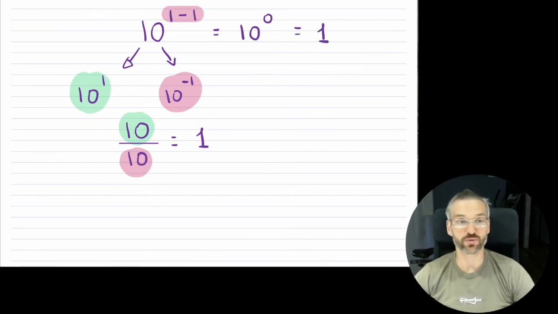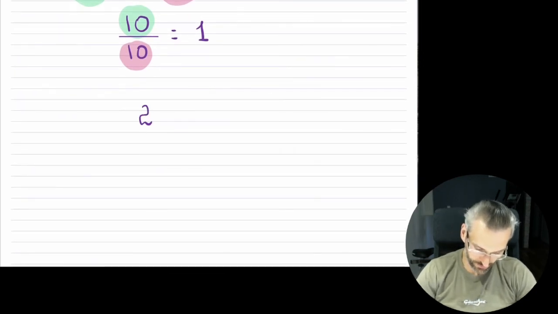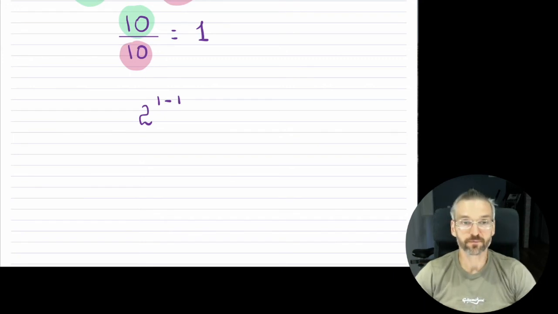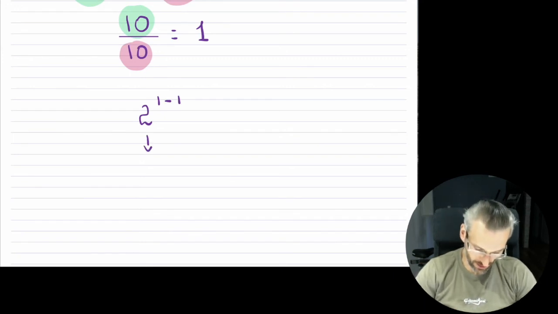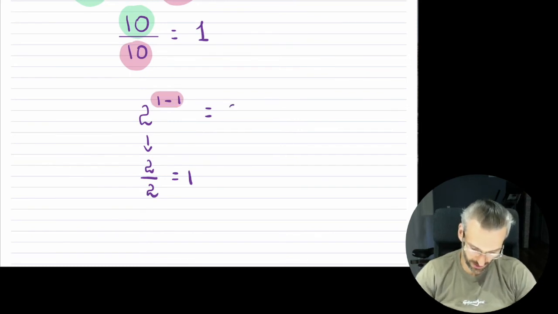And you can do this with any number. We could have said 2, 1 minus 1. So this really means 2 divided by 2, which is equal to 1. But hey, wait a minute. 1 minus 1, then the exponent is just 2 to the 0. And notice that it equals 1.